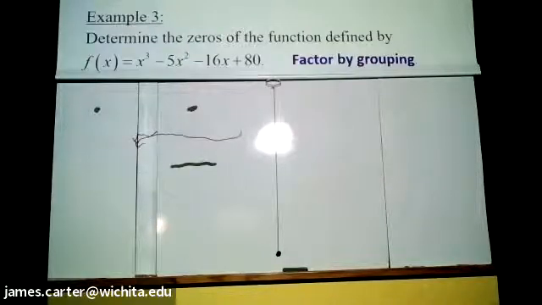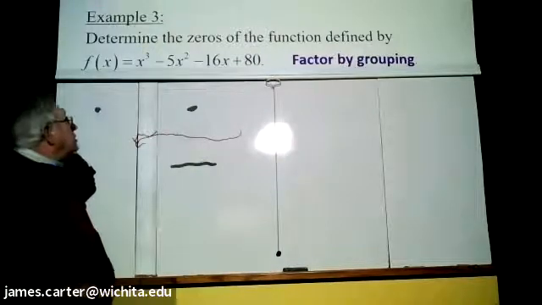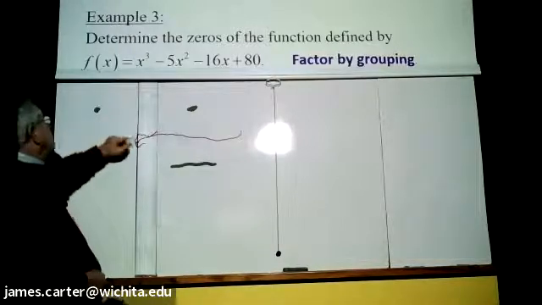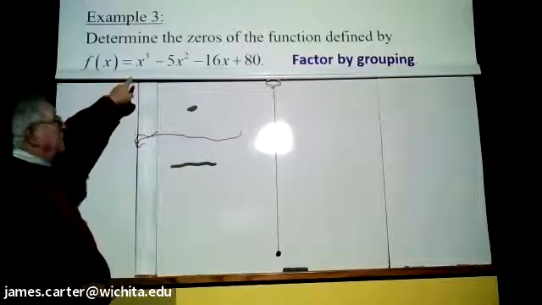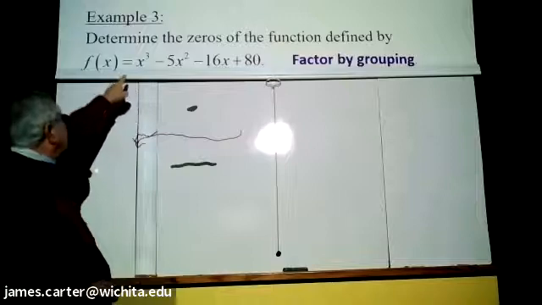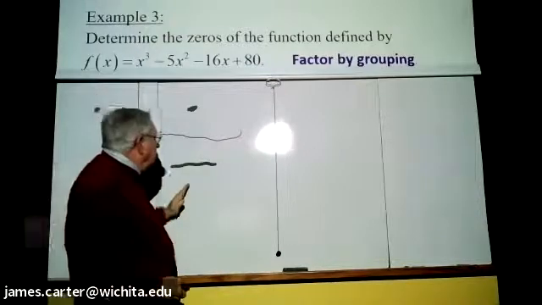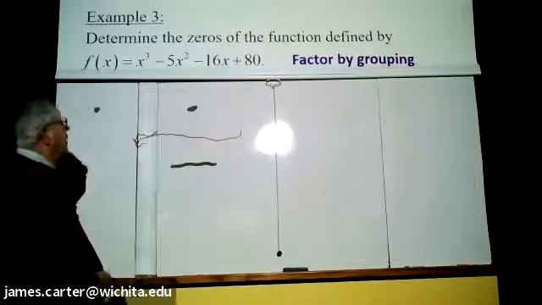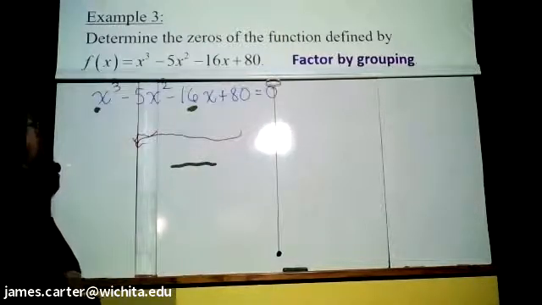Now, given this equation, x cubed minus 5x squared minus 16x plus 80. In this case, this one is a cubic, and the first term is positive. That means if we graph this, it's going to go upwards, left to right. We factor this by grouping.